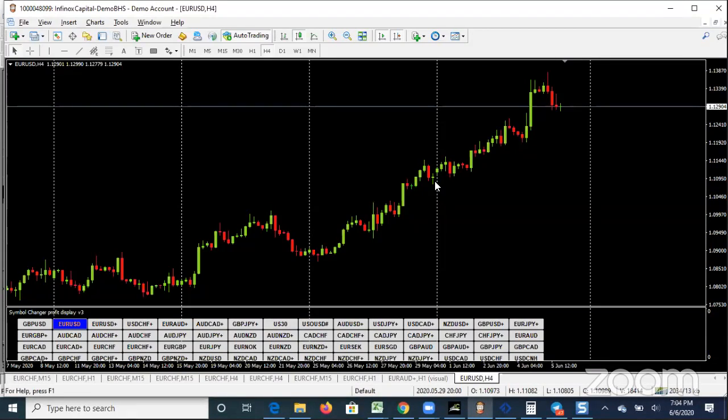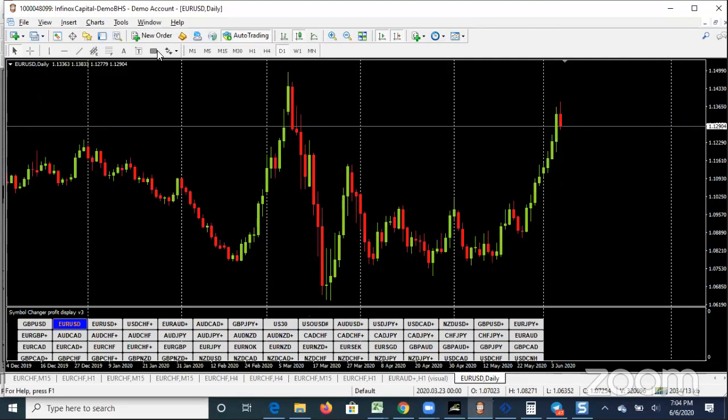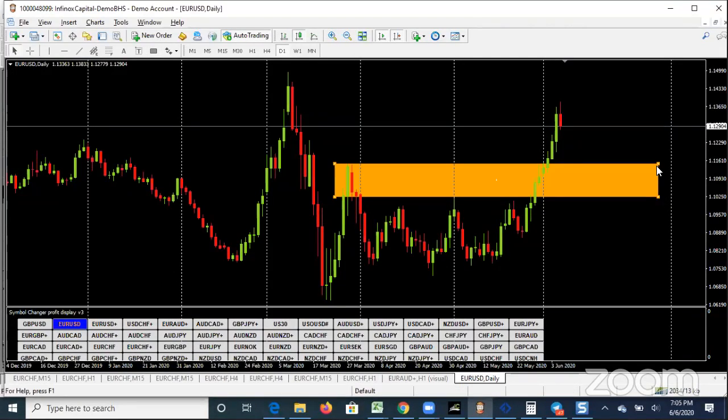If you understand ICT better, then maybe you could go to the daily time frame, go to the weekly time frame, and now look for order blocks where you expect price to reject. I think something like that happened last week. It was Nathan that asked, and we basically drew out this order block on the daily. This color is too bright. Let's find something.